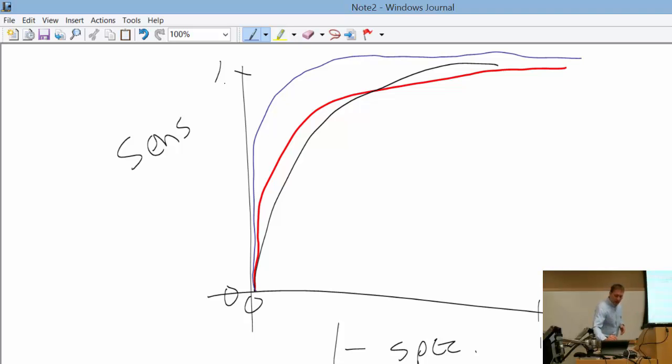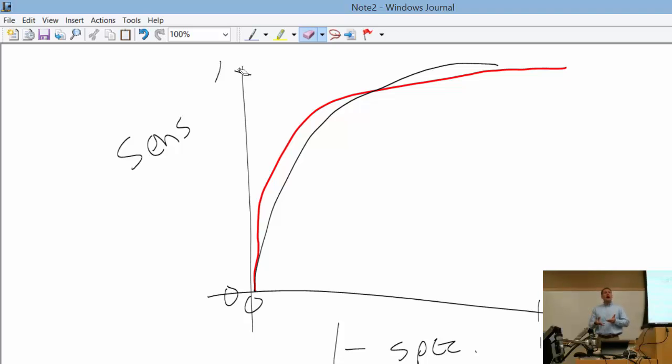And as we discussed before, the closer that curve is, the more bowed that shape is towards this corner up here, the better the method, and thus the higher the area underneath the curve will be. So when you're left in a situation where you're trying to decide between two different methods and the lines cross, what you could do is look at the area underneath the curves.